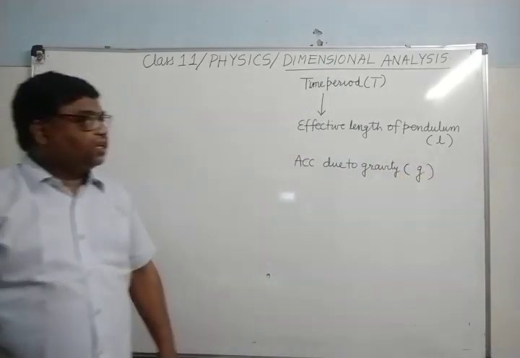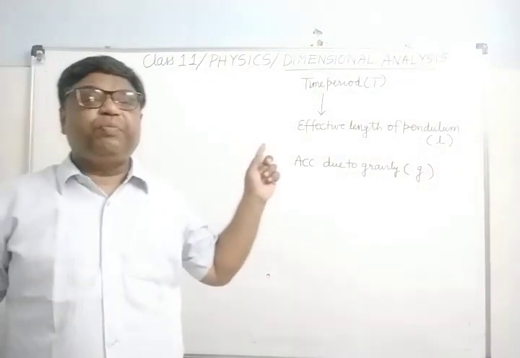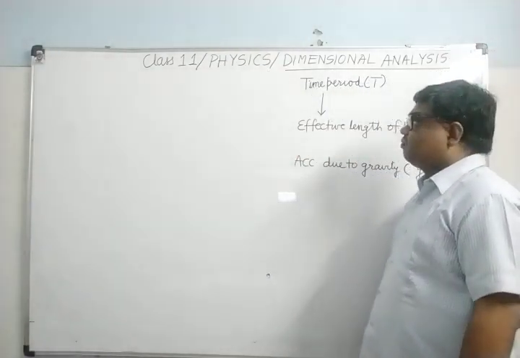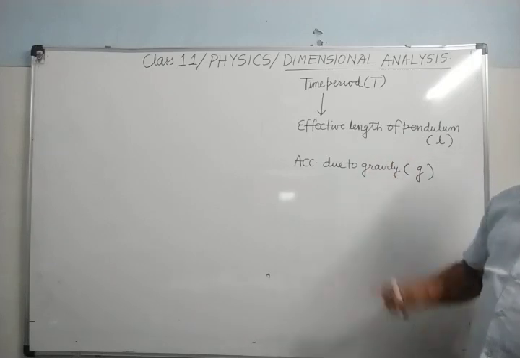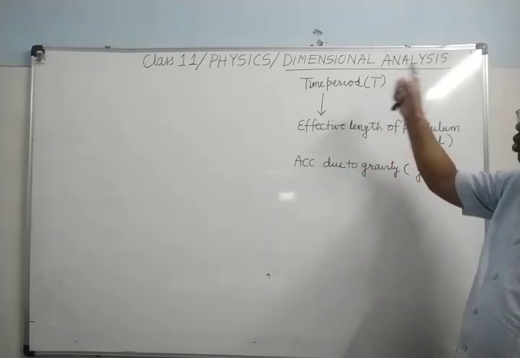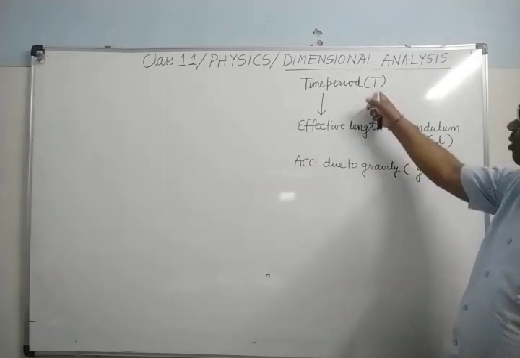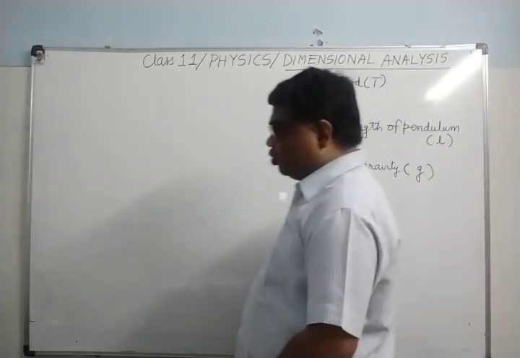This information is given in the question. You have to derive the formula of the time period, the relation among these three quantities. It's clear. So see here, how will you do it?